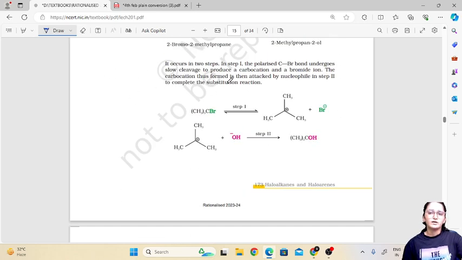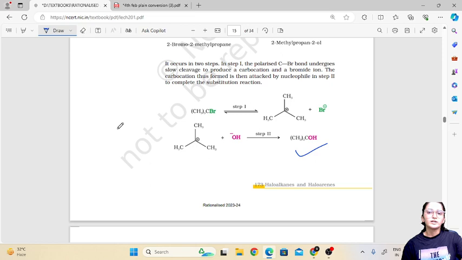The first step takes the alkyl halide, and this is a slow, reversible process that produces a carbocation and a bromide ion. Then that carbocation is treated with the nucleophile in step 2 to get the product.